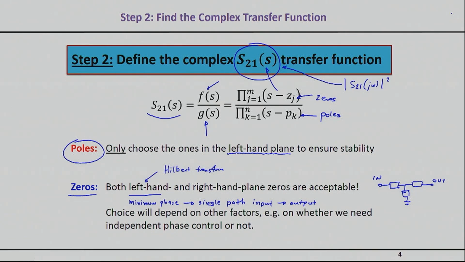But if I realize something that perhaps includes another path here, maybe another transmission line, maybe here's another transmission line, so I include multiple paths, then I don't have minimum phase. That's the easiest way, when you inspect the structure, to decide which of the two is happening. All right, so again, poles only on the left-hand plane necessarily. Zeros can be left or right depending on the desire.